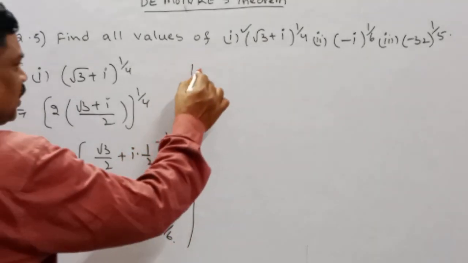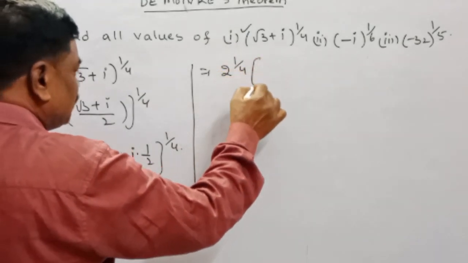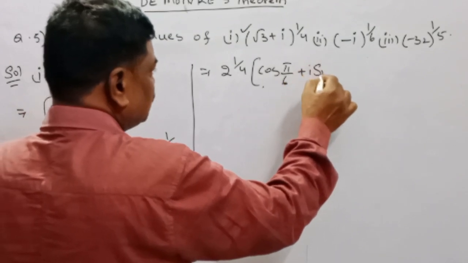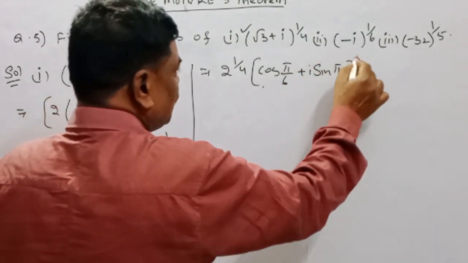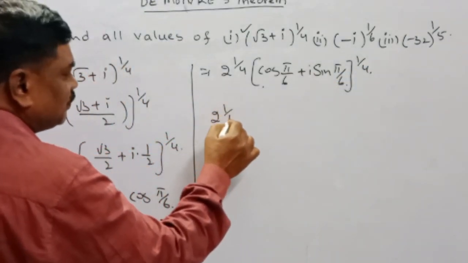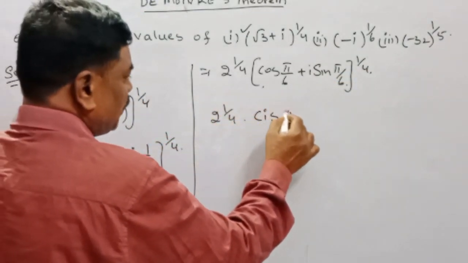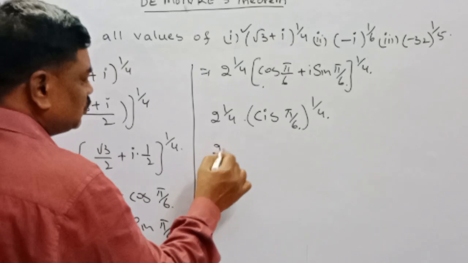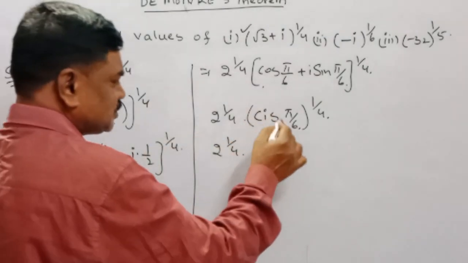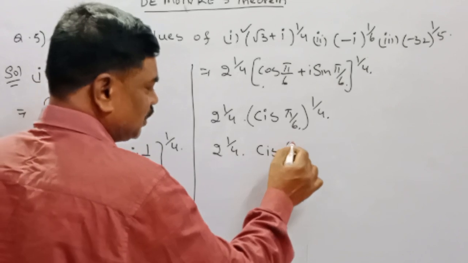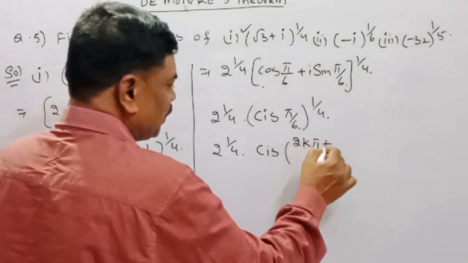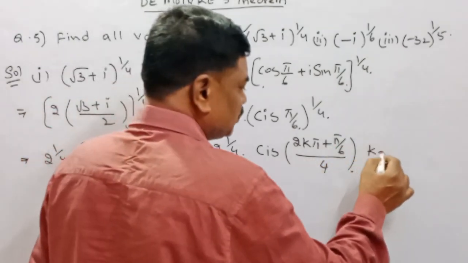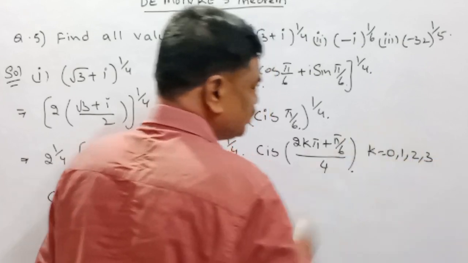This can be written as 2^(1/4) (cos π/6 + i sin π/6)^(1/4), which gives 2^(1/4) [cos((2kπ + π/6)/4) + i sin((2kπ + π/6)/4)], where k equals 0, 1, 2, 3.